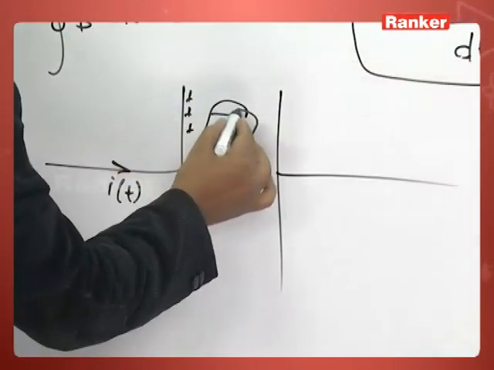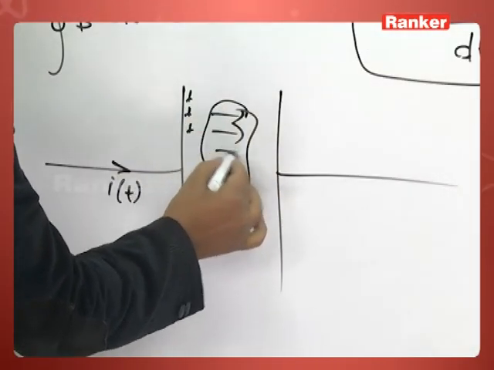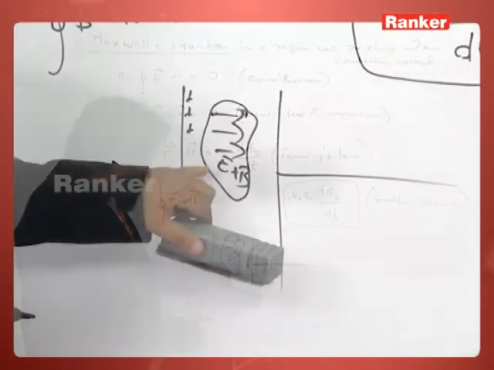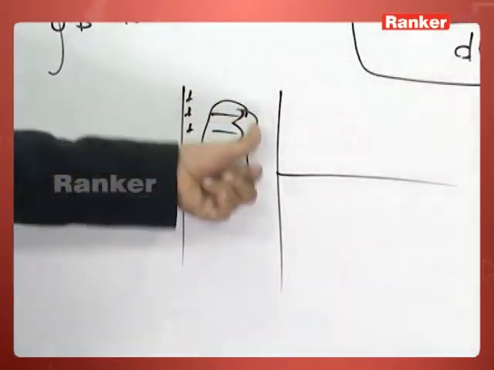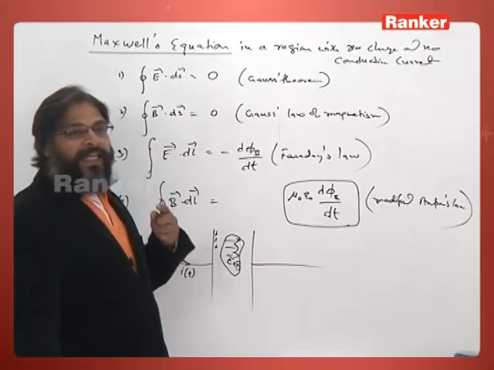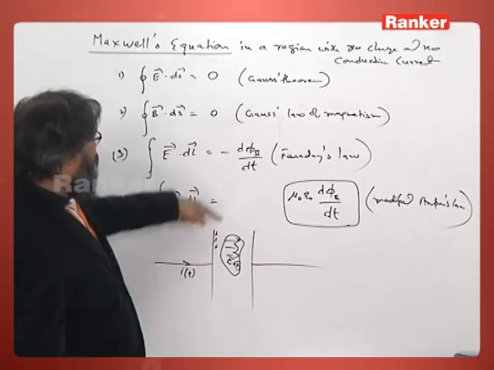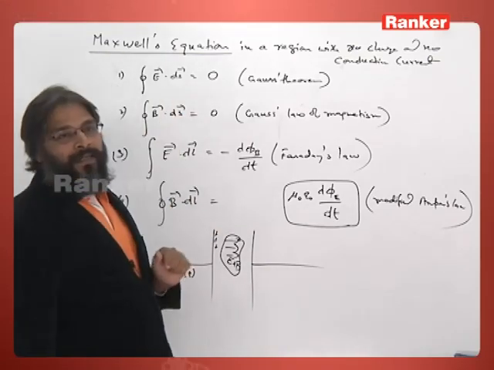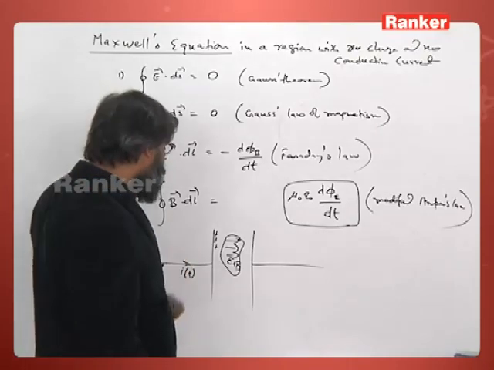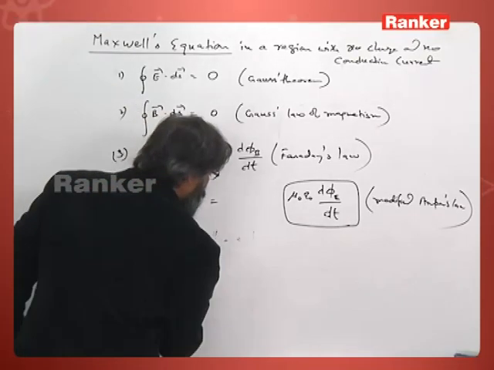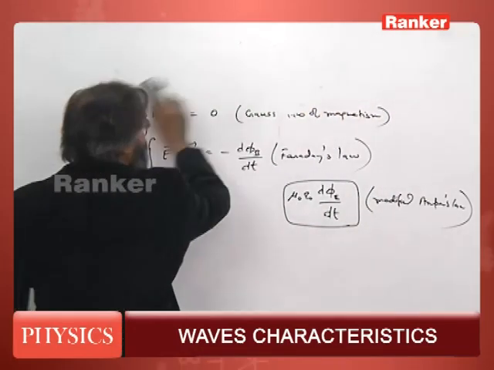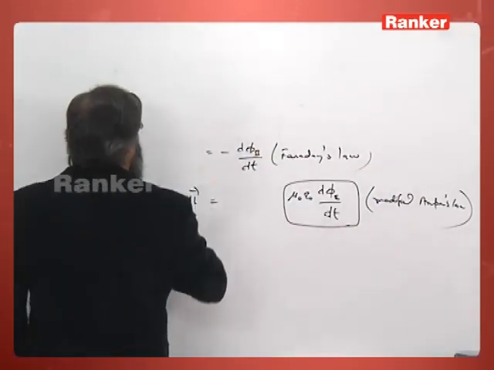So how do the fields behave? In this region there is a combination of E and B. How E and B will behave here can be calculated by all these 4 equations. This was done by Maxwell. We are not going to solve these equations; we are just interested in the solution of these equations.